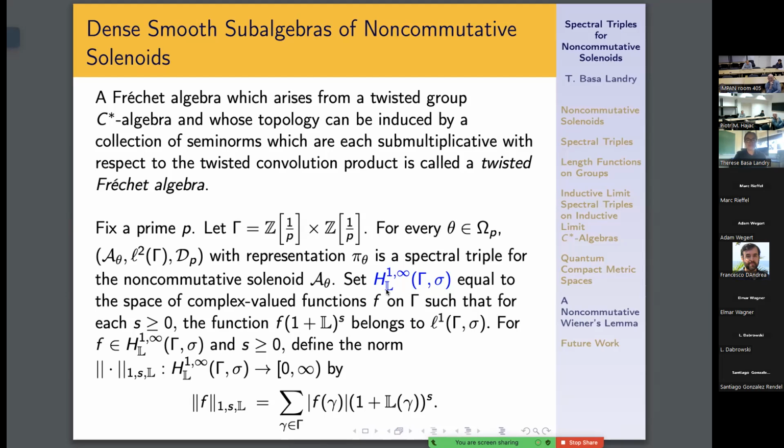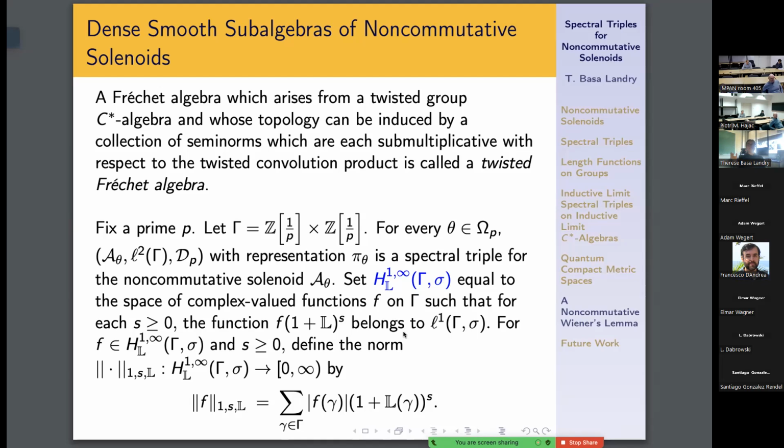Please forgive me, but what is this twist again? The sigma is what? The sigma is just a 2-cocycle. It's the same 2-cocycle taking values in the unit circle. So it's the same one. It doesn't show up in this definition, but it shows up when we define the convolution product.